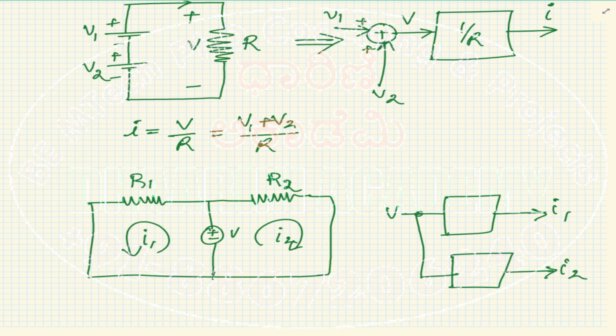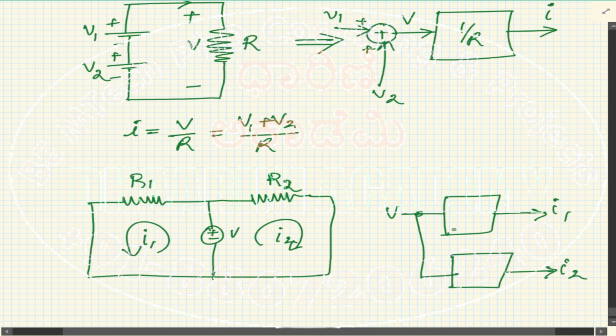So in this case, one input, two outputs. What should be written inside the blocks? This is 1 by R1, and the other one has to be 1 by R2.